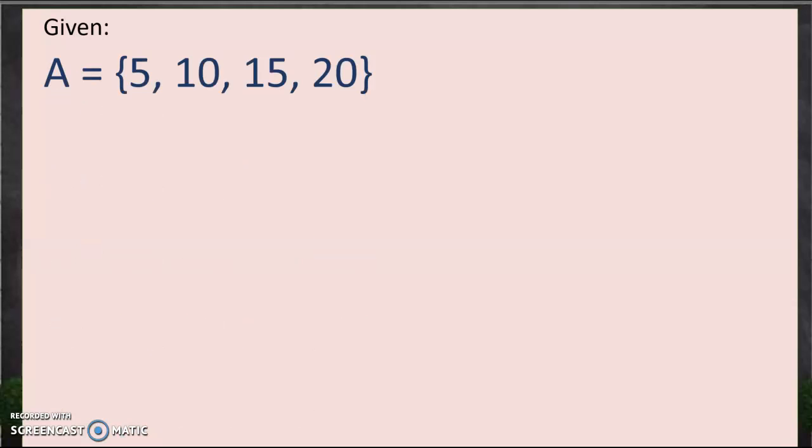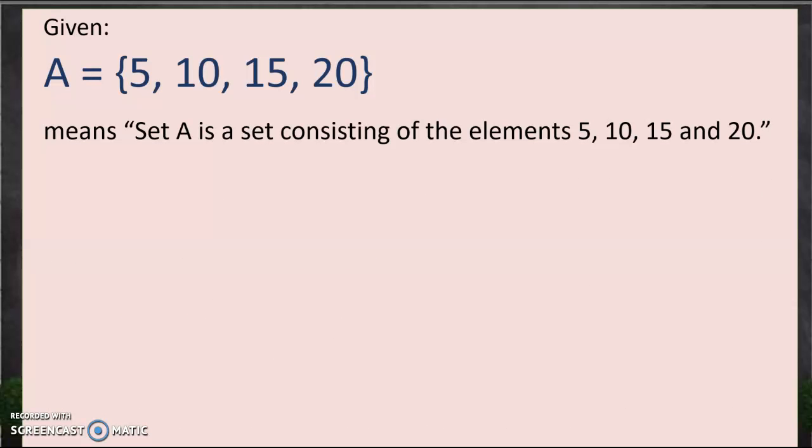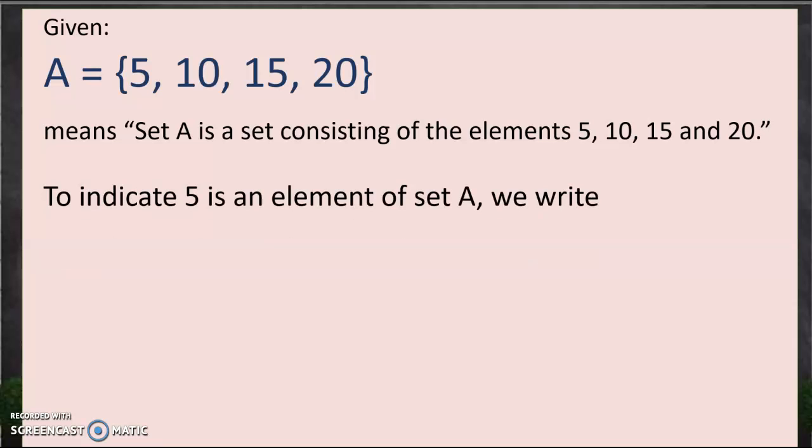Given A is 5, 10, 15, 20. This means set A is a set consisting of the elements 5, 10, 15, and 20. To indicate that 5 is an element of set A, we write this symbol.